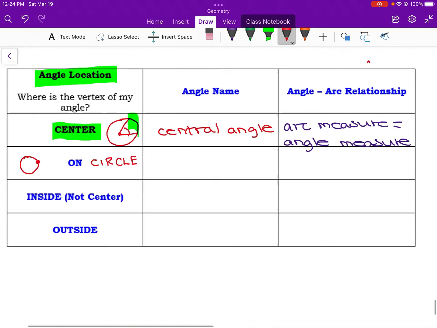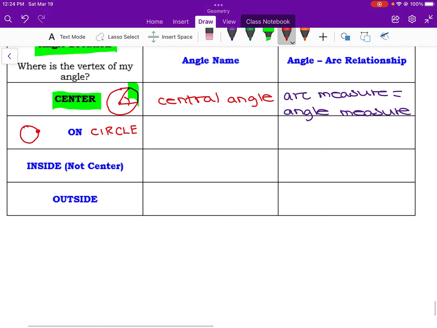Something like a tangent formed with a chord. So chord with a tangent situation, okay? Then we say that this is an inscribed angle, or it's a tangent chord relationship.